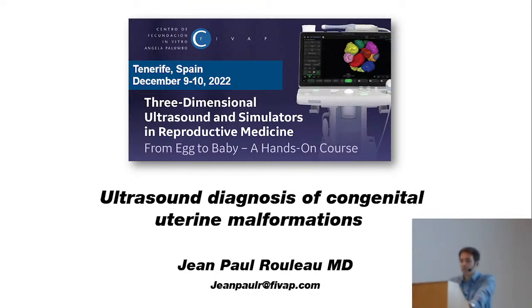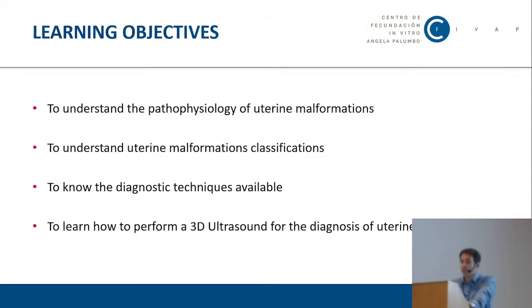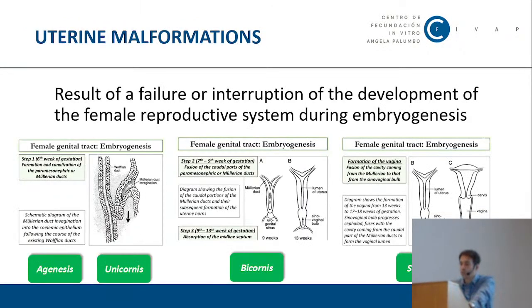Uterine malformations are the result of a failure or interruption of the development of the female reproductive system during embryogenesis. If it happens at 6 weeks, it will affect the formation, so it will be an agenesis or a unicornuate uterus.